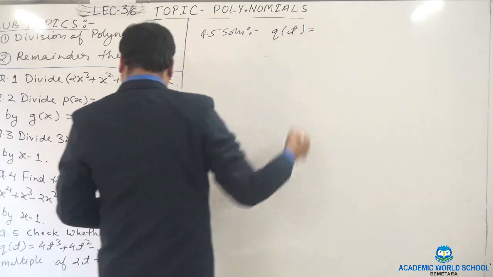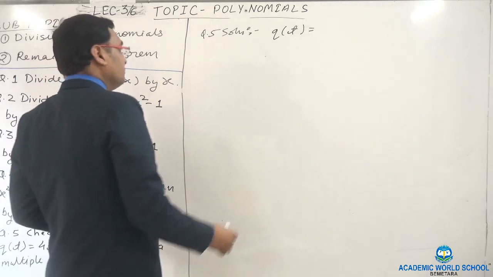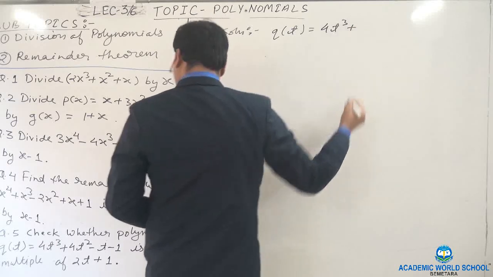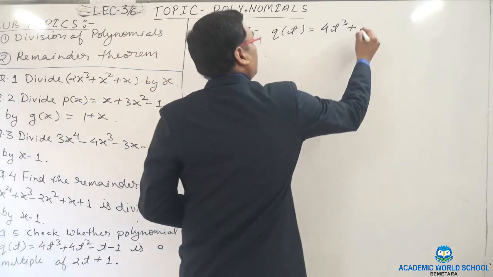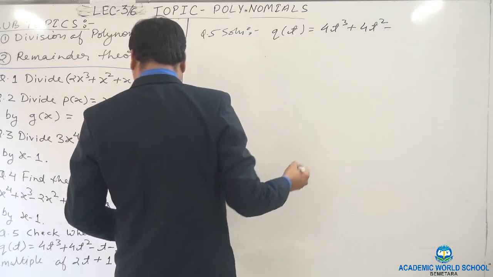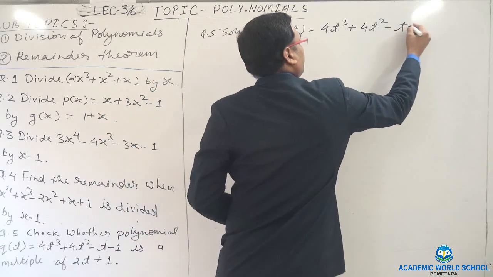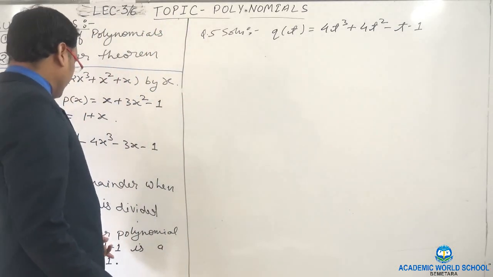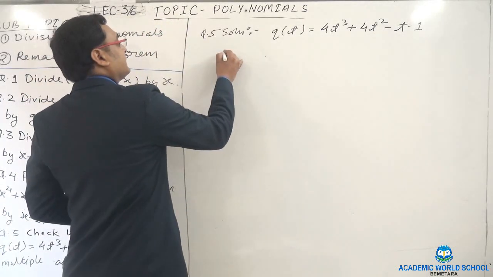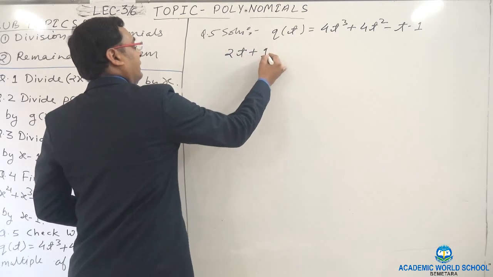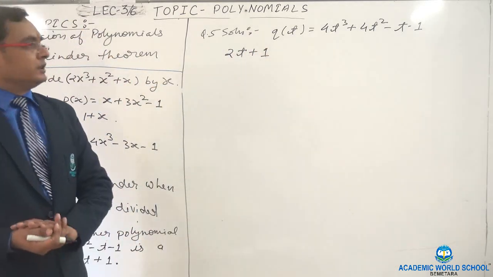We will write here. q(t) is 4t cube plus 4t square minus t minus 1, and we have to check whether this is a multiple of 2t plus 1 or not.